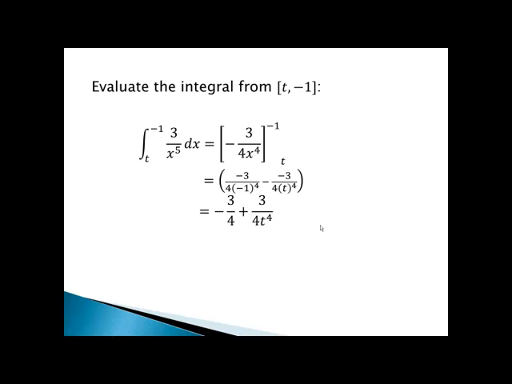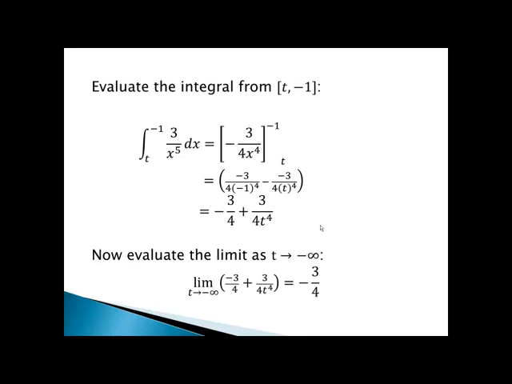I'll evaluate my antiderivative at both my upper and lower limits and subtract. When I evaluate at negative 1, I end up with negative 3/4. When I evaluate at t, I end up with 3 divided by 4t to the 4th. Now I'll evaluate the limit as t goes to negative infinity.